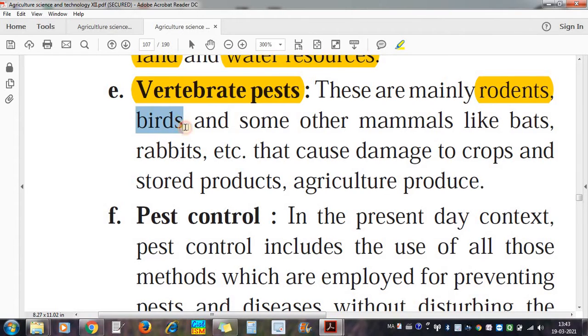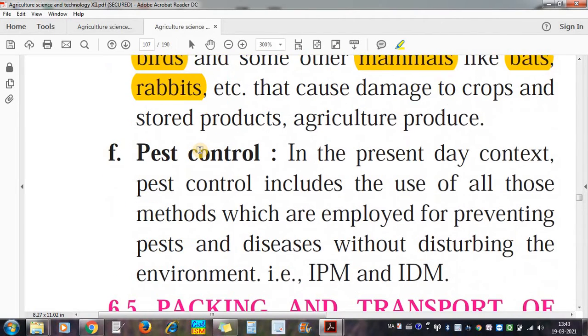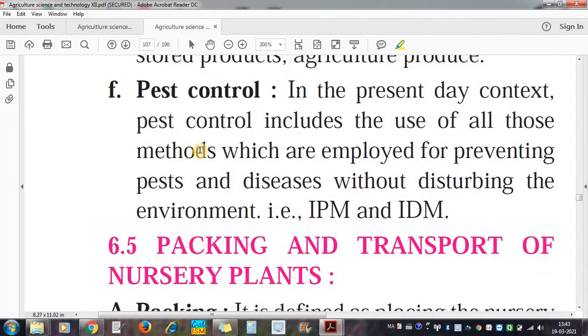Birds pick up the seeds just sown. They also cause damage by picking seeds from the cobs. Then some mammals are there, like bats and rabbits. Such animals damage the crop, and the quality and quantity of agricultural produce is reduced.